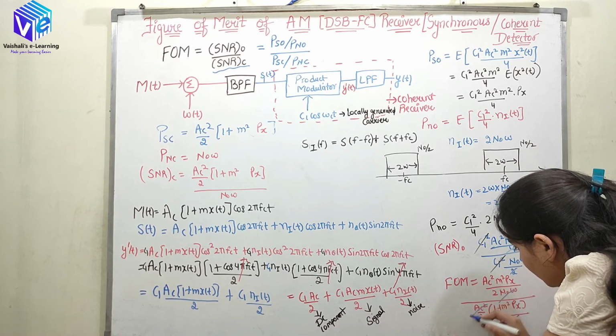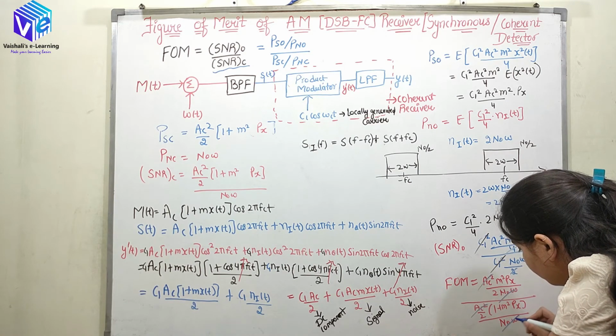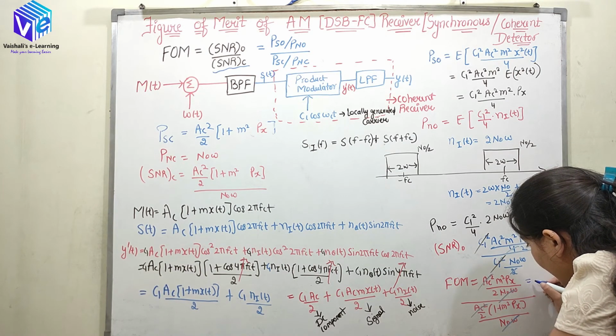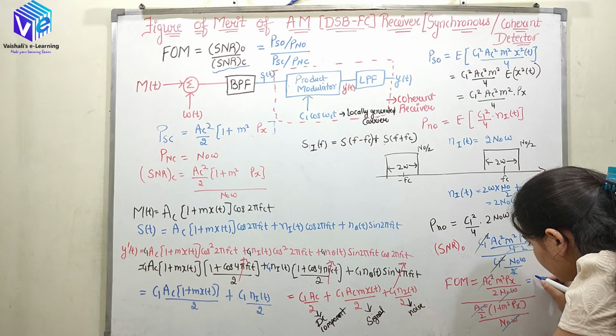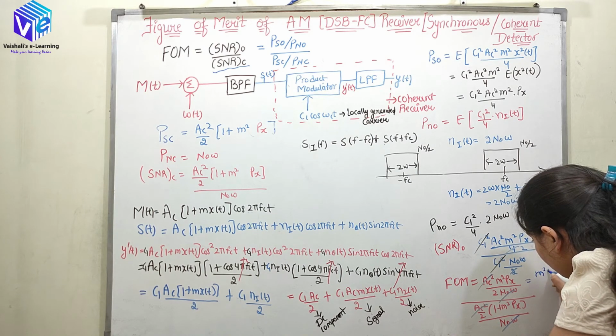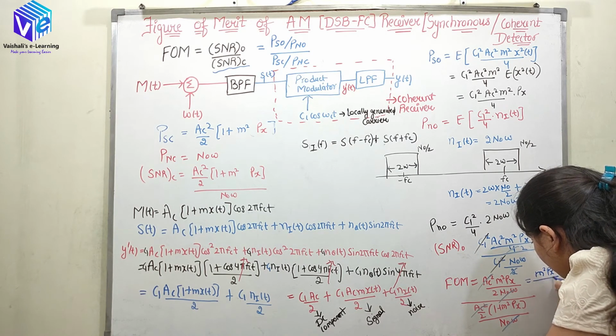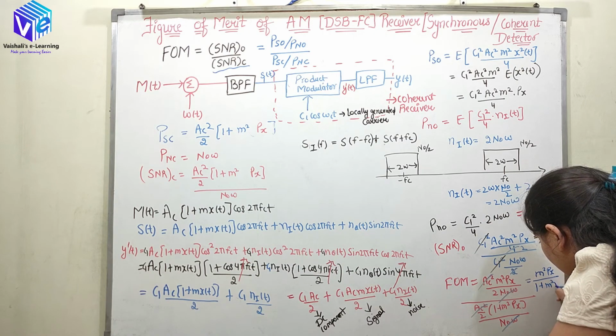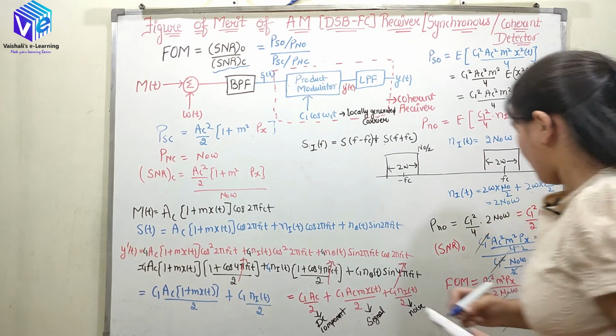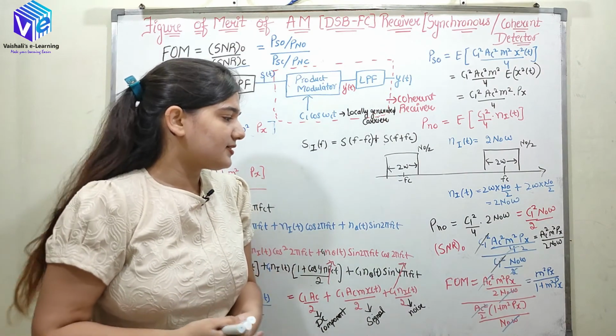AC square will cancel out. So here we'll be having m square px upon 1 plus m square px.